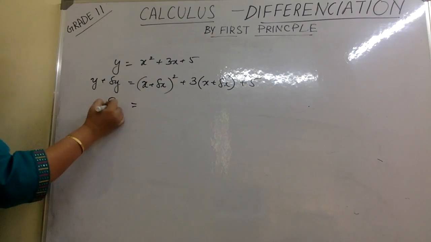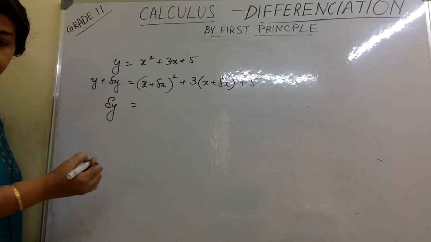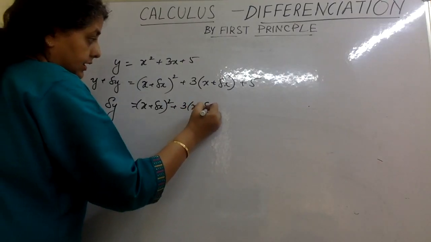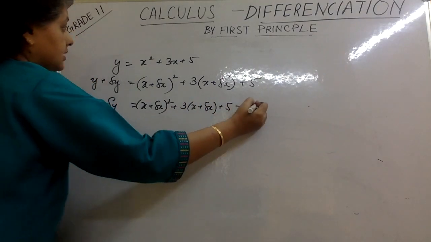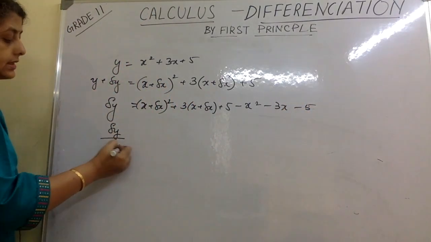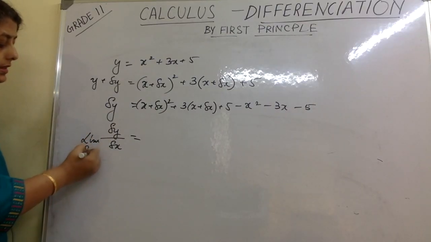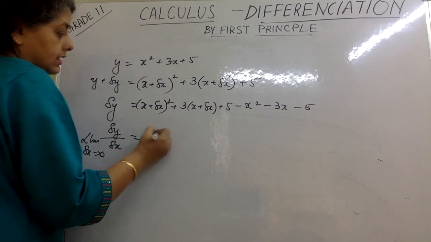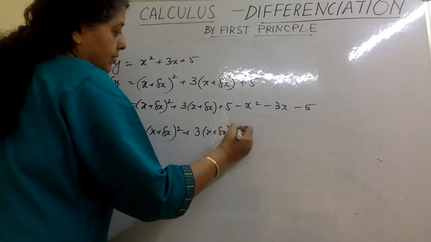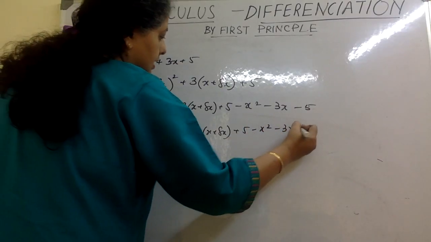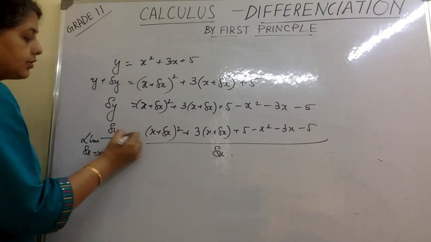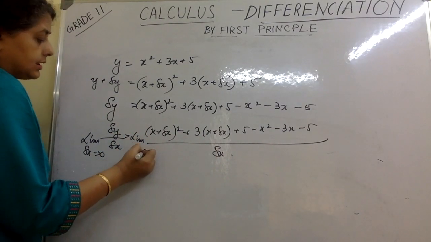Now del y is equal to x plus del x whole square plus 3 times x plus del x plus 5 minus x square minus 3x minus 5. Then del y by del x is the limit as del x tends to 0 of this whole expression, with a del x put over here, and I forgot to put the limit here, limit del x tends to 0.